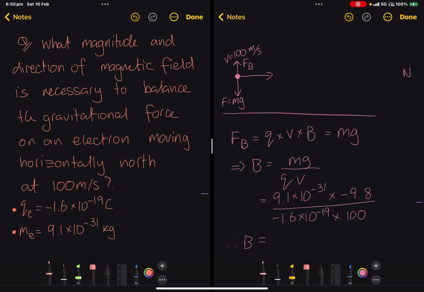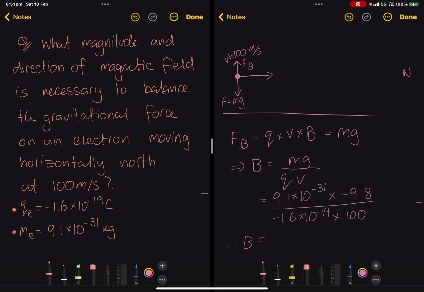So the strength of the magnetic field is 9.1 times 10 to the minus 31 times minus 9.8. The calculation part of this question is the easiest part. The hardest part is determining the direction, which we'll do in a moment, times 100.